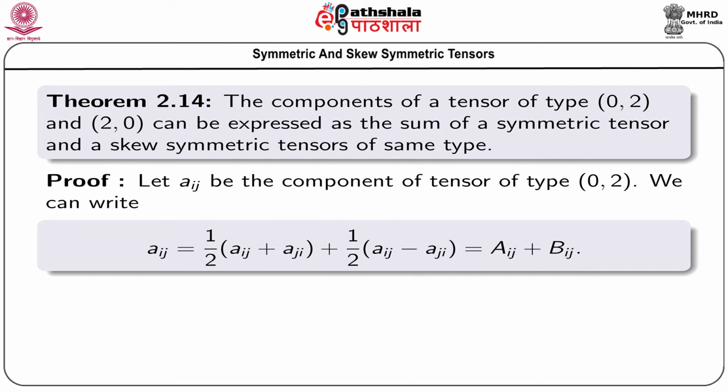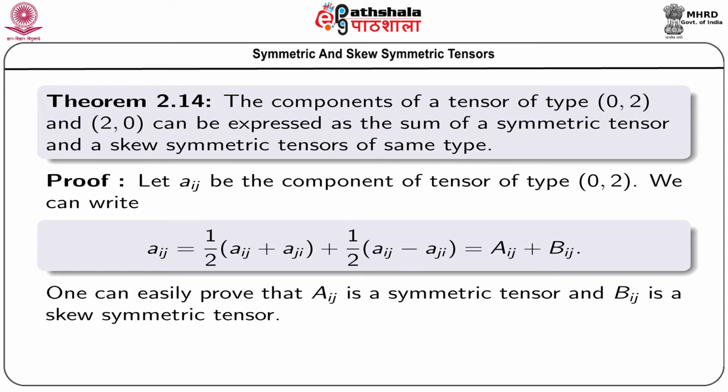We can write Aij in this form: half of Aij plus Aji plus half of Aij minus Aji, and we denote half of Aij plus Aji as the capital Aij and half of Aij minus Aji as Bij.